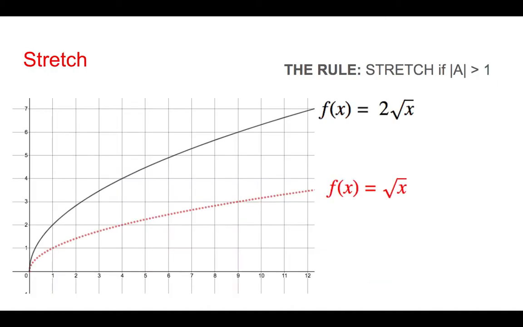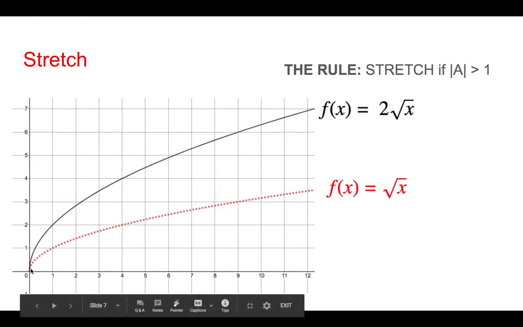Then we have a stretch. So this is like a little flashback here, absolute value. We'll talk about that in a little bit, but your rule for a stretch is we stretch if the absolute value of A is greater than 1. And we'll talk about that a little bit.